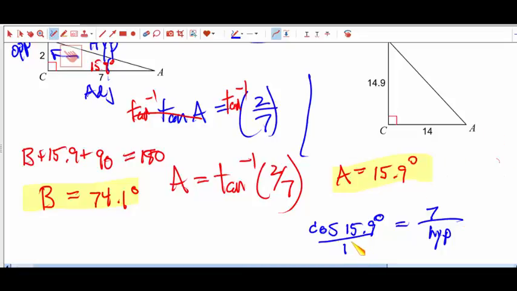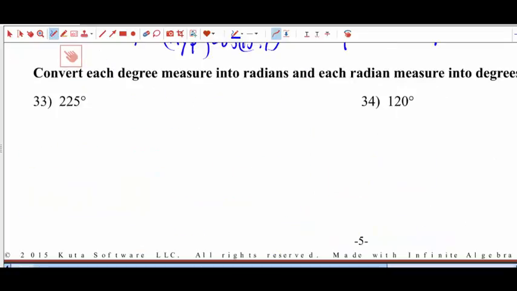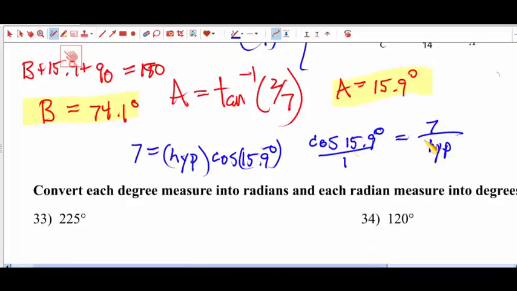So I put cosine 15.9 degrees over 1, then I cross multiply, and I get 7 equals the hypotenuse times the cosine of 15.9 degrees. And now I can divide by the cosine of 15.9, and that's going to give me the hypotenuse.